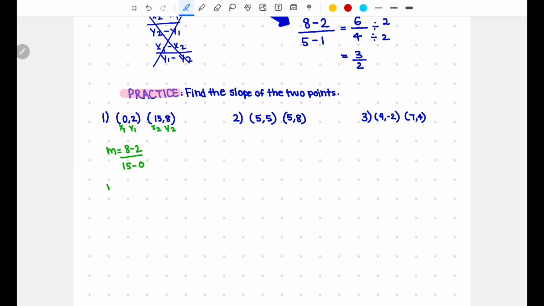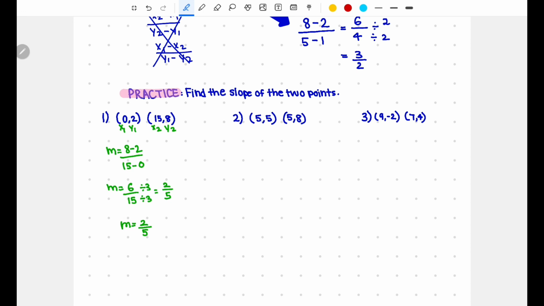So we have m is equal to, up here we got 6, down here we got 15. Remember, we are simplifying. These both go into 3, so we're going to divide the numerator and the denominator by 3, and we get 2 over 5. So your slope is 2/5.